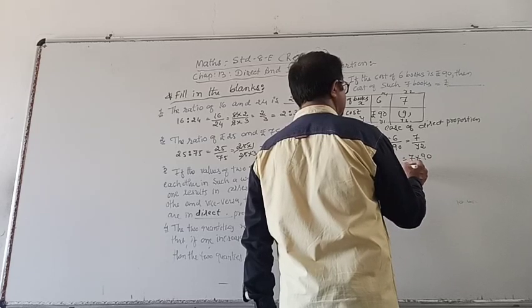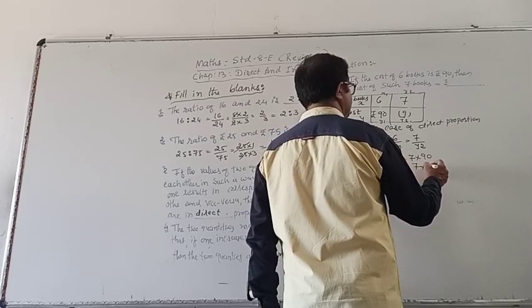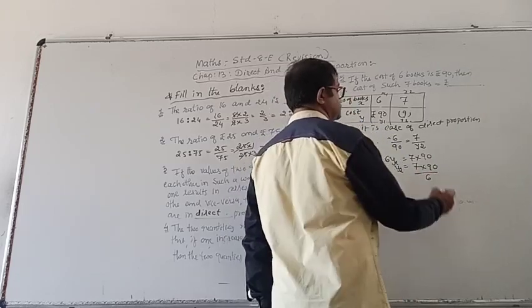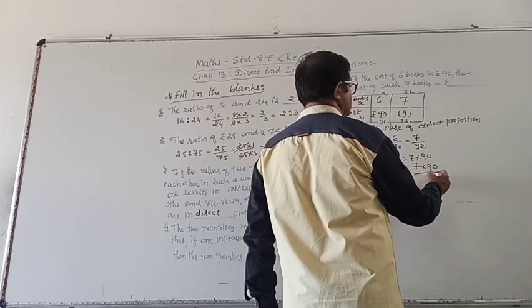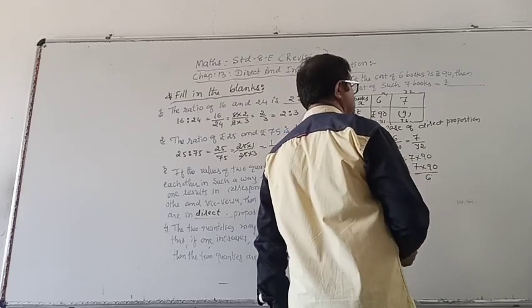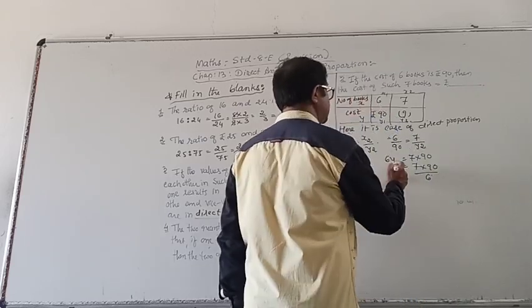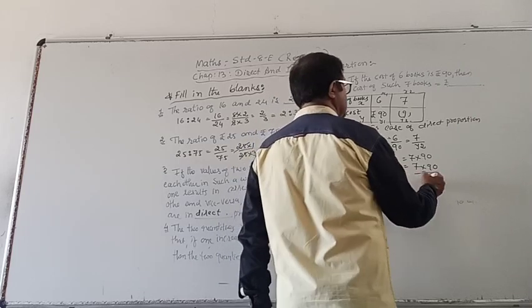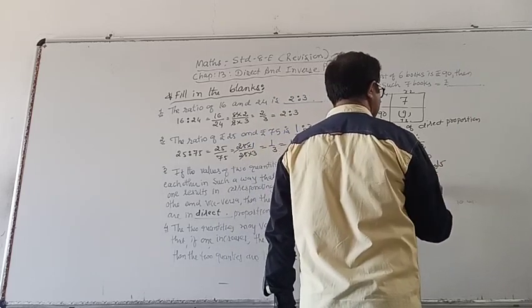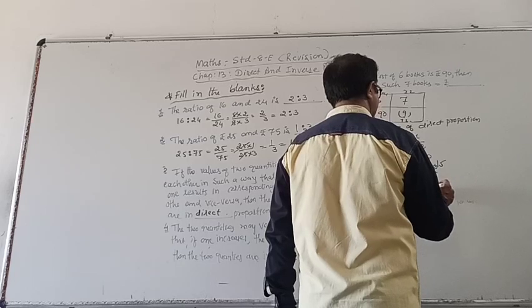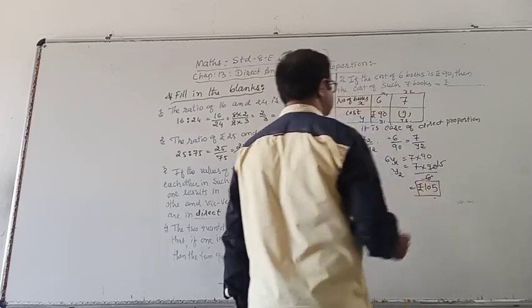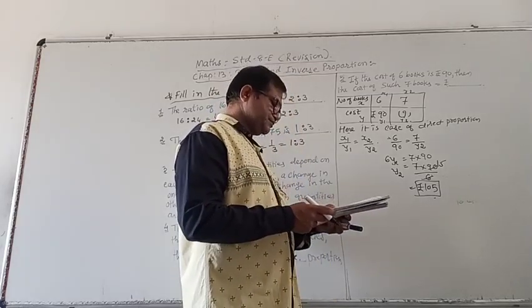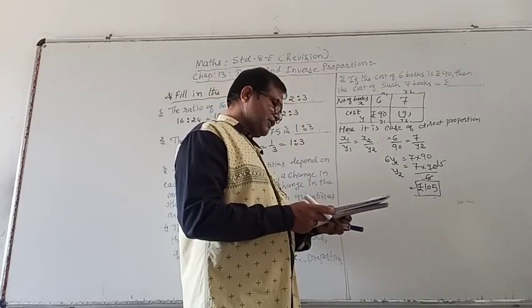So y2 is equal to 7 multiplied by 90 upon 6. 15 6s are 90, so rupees 105. So by this method we can find it out.